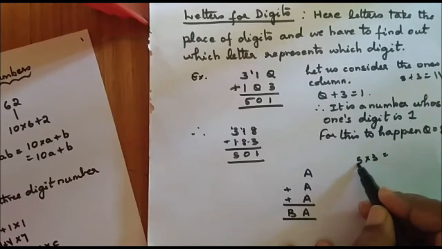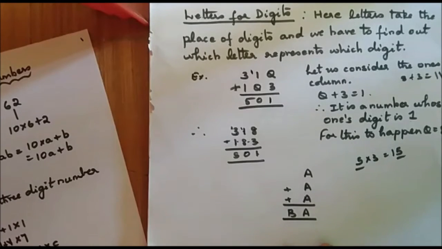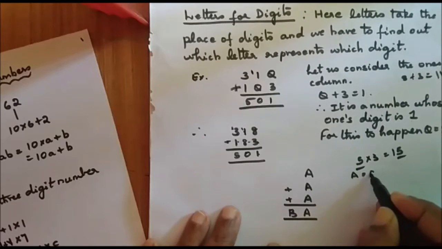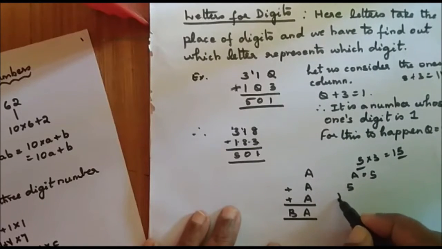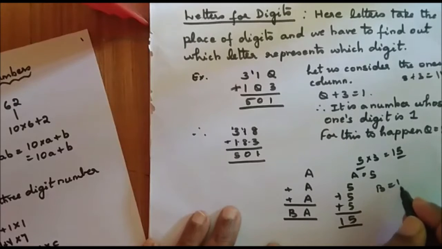If I take 5, 5 into 3 is 15. Here also it is 5 in the units place. So when I substitute A equals 5, 5 plus 5 plus 5, I get 15. So my B is equal to 1 and A equals 5.